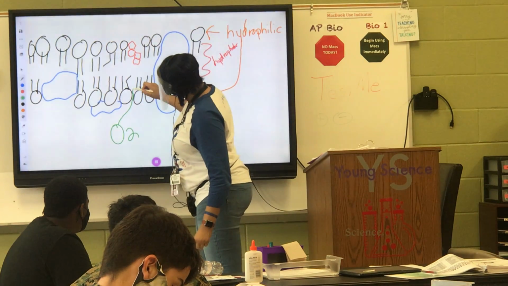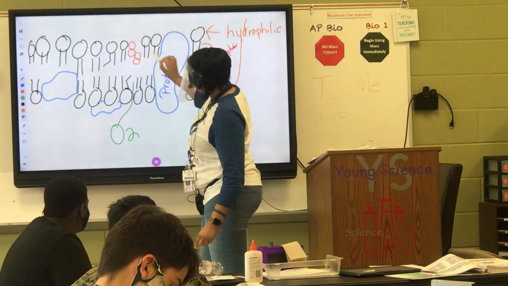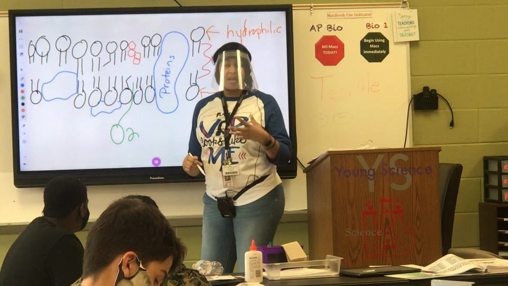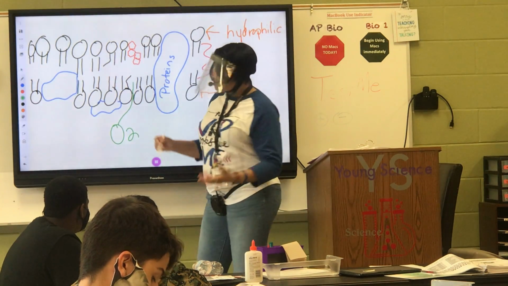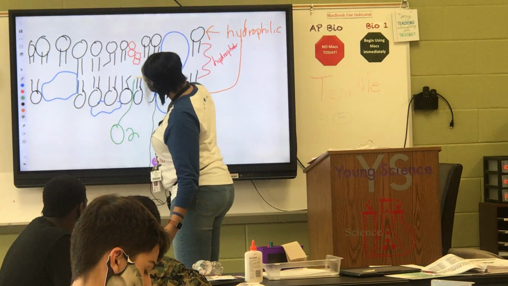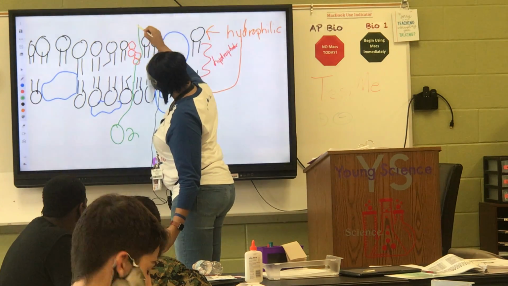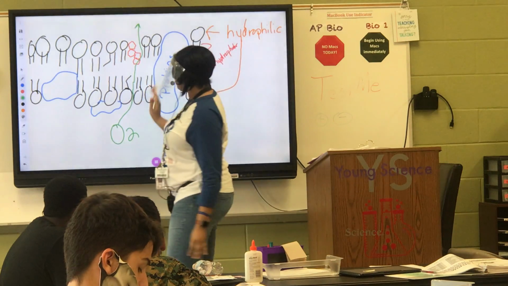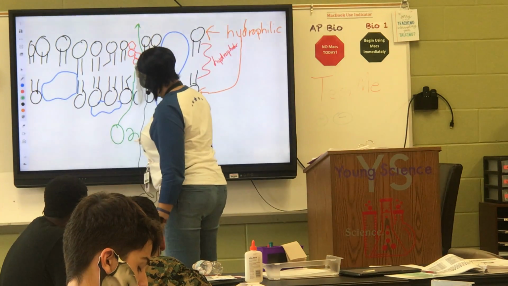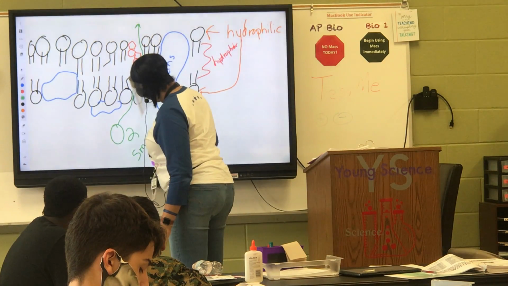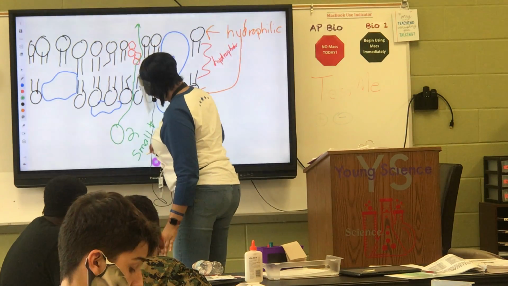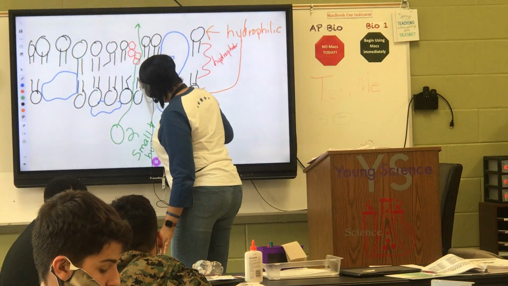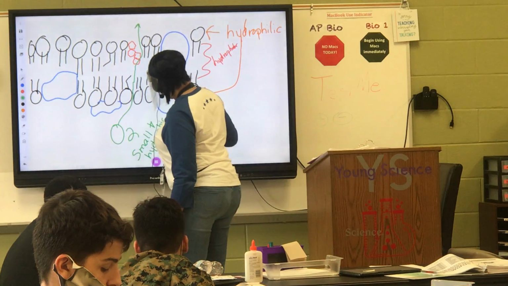But it comes to this big area right here that's hydrophobic, and like dissolves like. So the only way it can make it across this big region is it has to also be hydrophobic. So anything that can freely cross the membrane has to be both small and hydrophobic. That's an and, not an or.